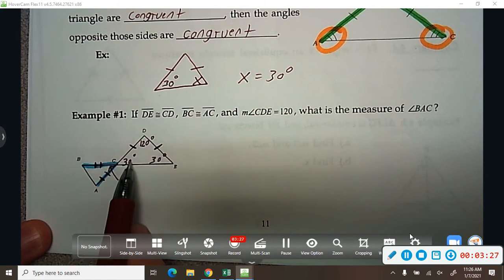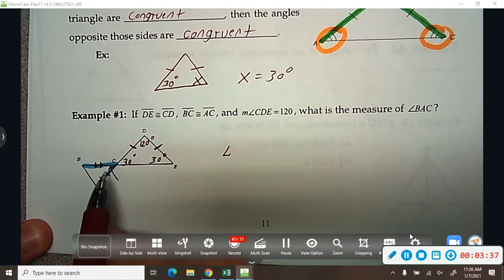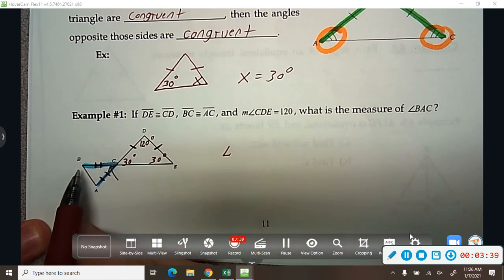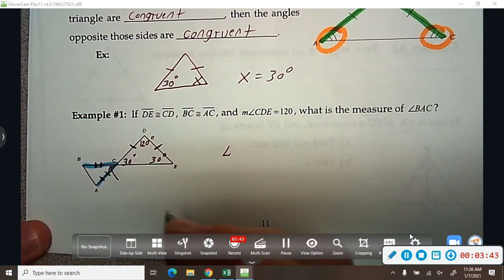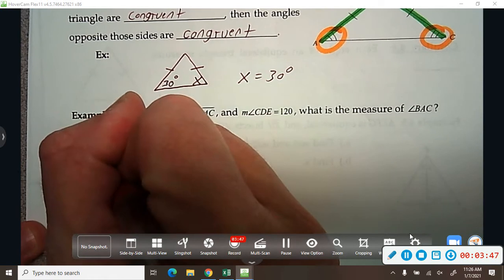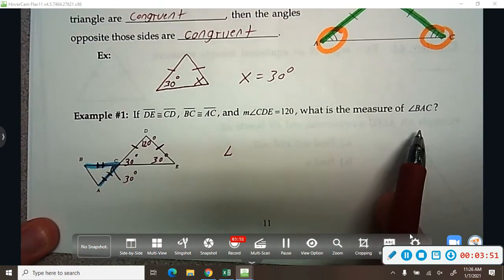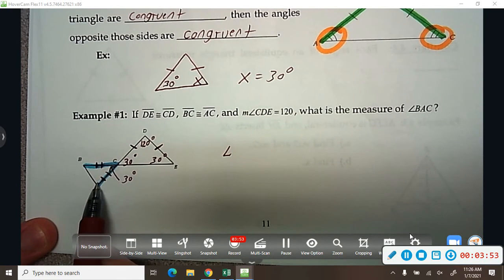And then if this is 30, and you want me to find this angle, those are vertical angles. So this angle would also be 30 degrees. And I was wrong, they want us to find this angle right here, BAC.